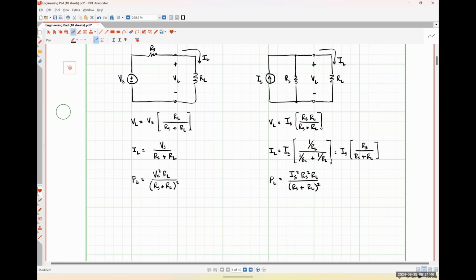All right, so under what conditions are those voltages equal to each other? Under what condition is V sub L evaluated for the left-hand circuit equal to V sub L evaluated for the right-hand circuit?